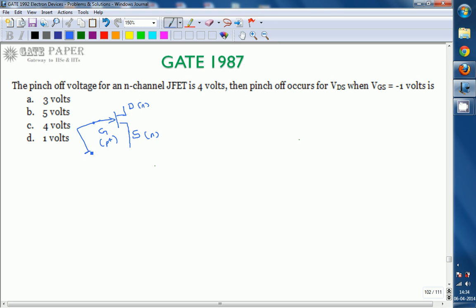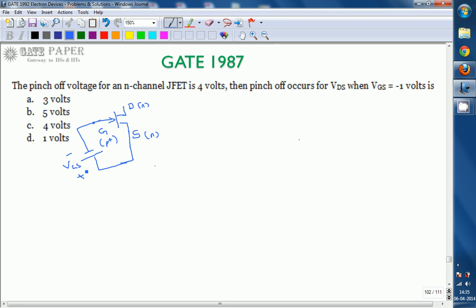For the P side we will apply negative voltage, and for the source side we will apply the positive terminal, so that this voltage VGS is always negative, or at most it may be 0, so that the junction is under reverse bias or under open circuit. It should not become forward biased. If it becomes forward biased, the advantage of JFET having high input impedance will be ruined.